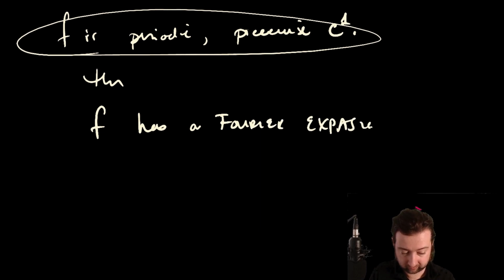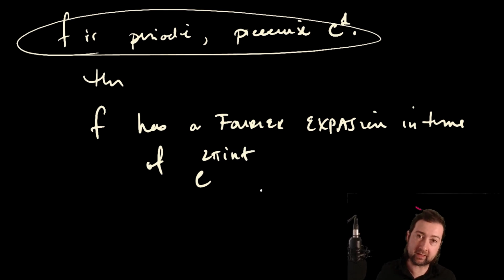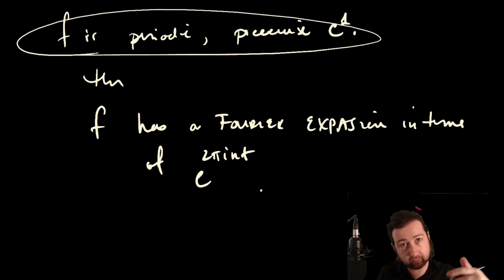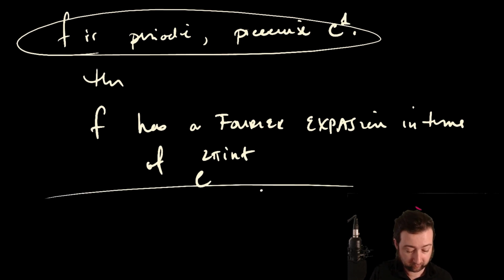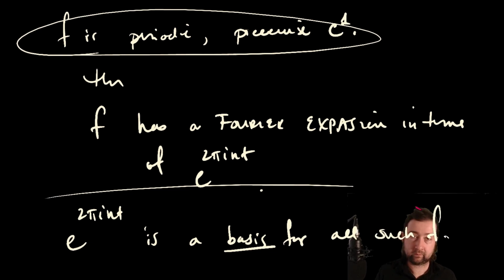In terms of e to the 2 pi i n t, which is to say e to the 2 pi i n t is a basis for the set of functions f that are piecewise C1. e to the 2 pi i n t is a basis for all such f.